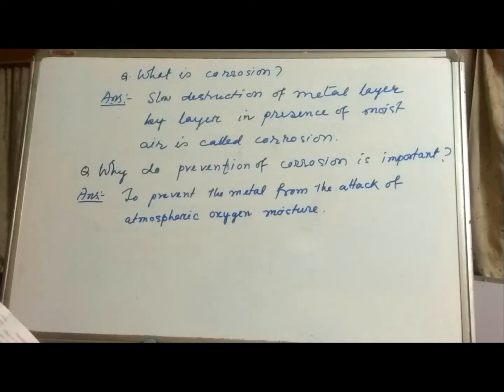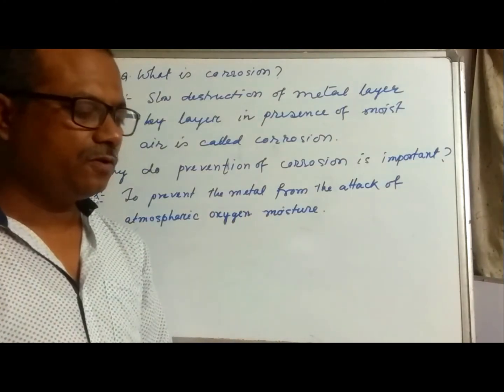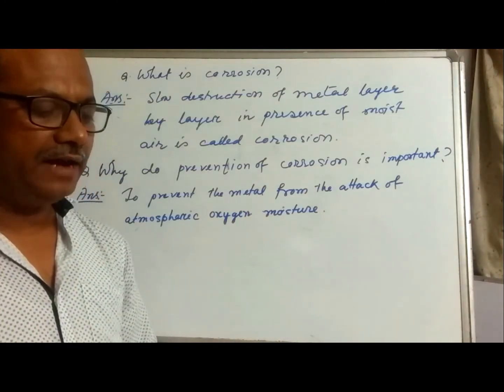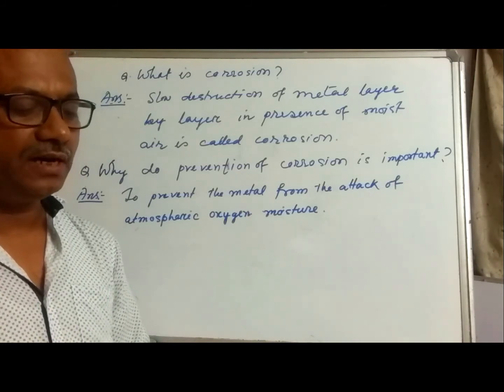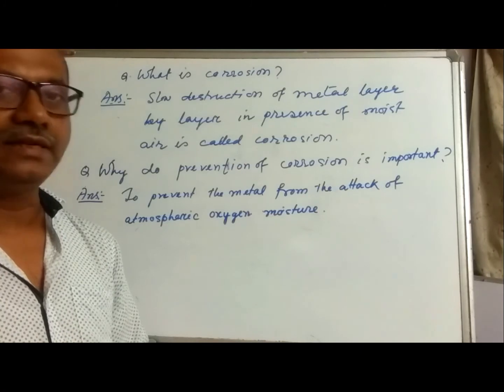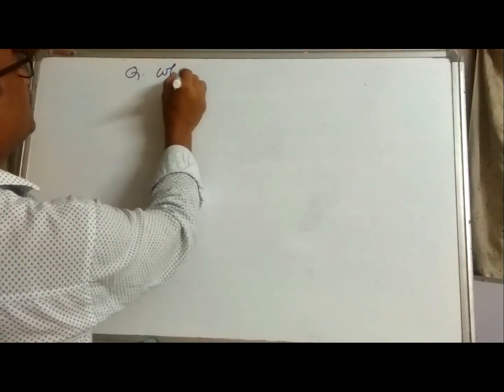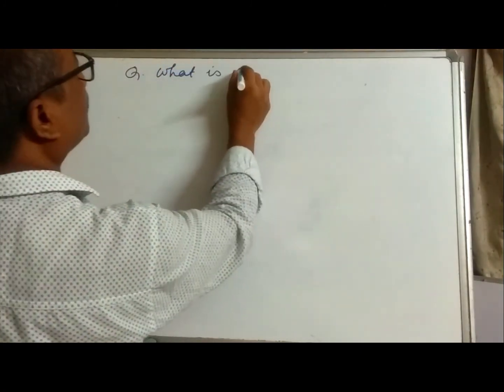Now we will read about corrosion of iron. The slow conversion of iron into its hydrated oxide in the presence of moisture and air is called rusting. What is rusting?